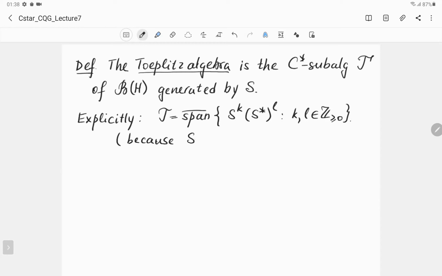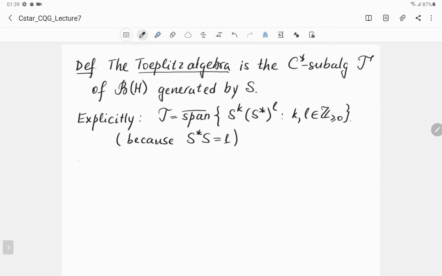So in other words, S star S is the identity map. So this easily implies that the linear span of all such monomials is indeed a star subalgebra, where we multiply two such monomials to get a monomial of the same form. So this linear span is indeed a star subalgebra, and clearly this is the smallest star subalgebra containing S. So when we take closure of the linear span, we get precisely the C-star subalgebra generated by S. So this is the Toeplitz algebra.